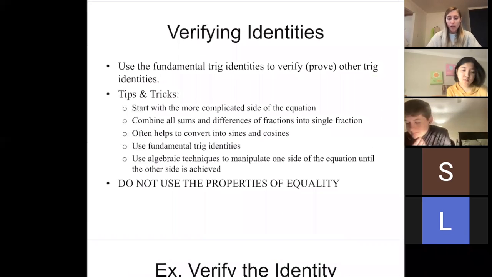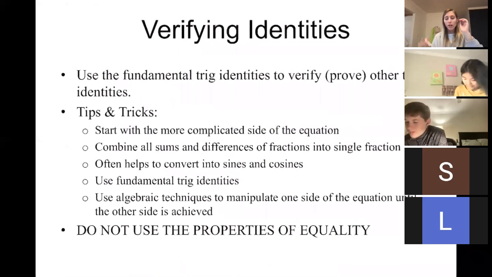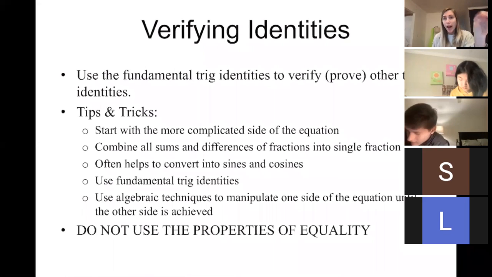Okay, now we're getting to the good part. Verifying identities. We're going to be using the fundamental identities that we have listed above, all the ones you're familiar with already, and the Pythagorean identities, to verify these other identities. You have to remember that the equations you're given are identities, that the left-hand side equals the right-hand side, and you need to prove it.